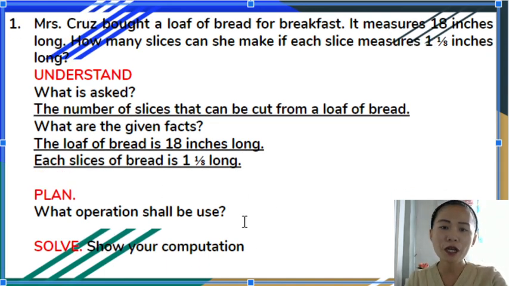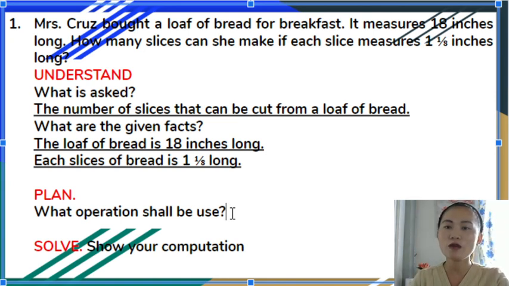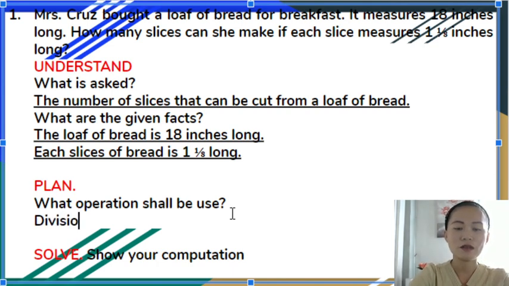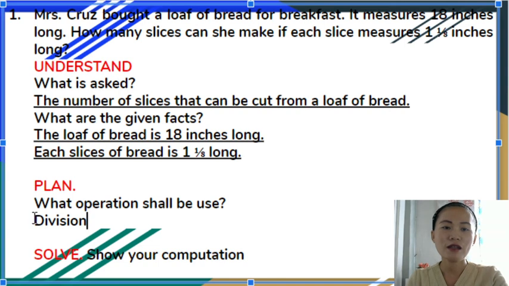What operations shall be used? We have a whole number, ang haba niya is 18 inches long, and then a part of a whole is 1 and 1/8. So therefore, i-divide natin. So ang operation na gagamitin natin dyan is division. And then, the last step is you're going to solve.